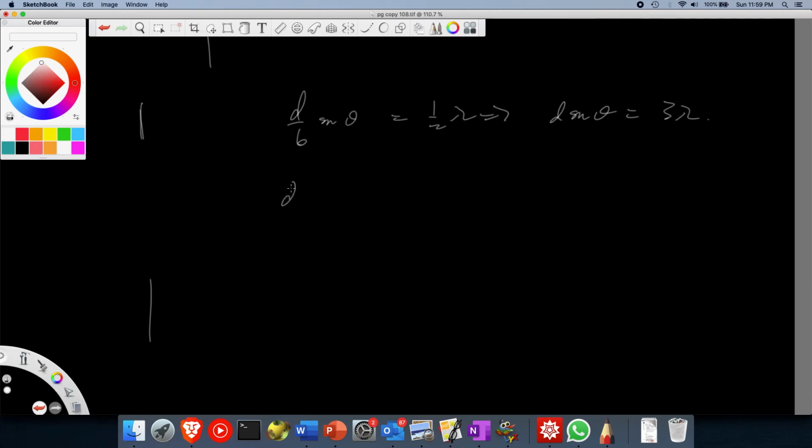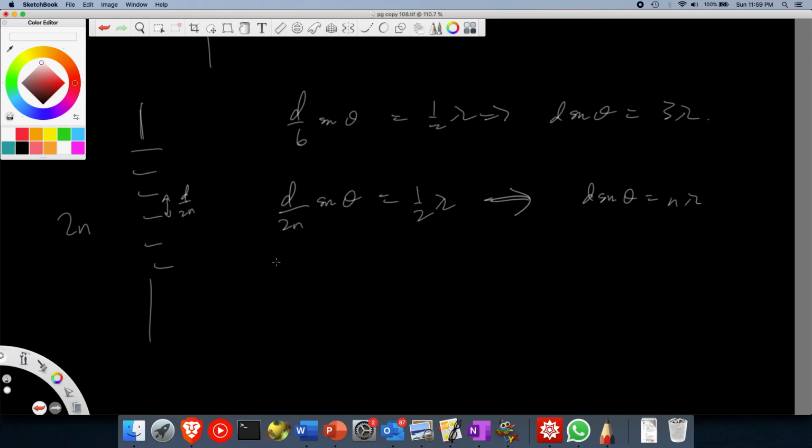And likewise, if we split it up into 2n parts such that each width is d over 2n, then d over 2n sine theta equals half lambda is the condition for pairwise destructive interference. And what do we get? We get d sine theta equals n lambda. And note that n can vary.